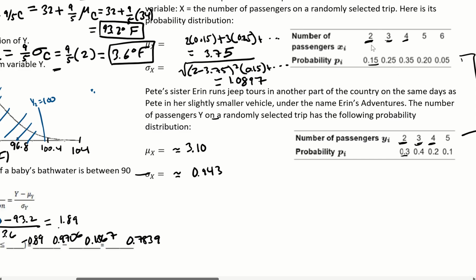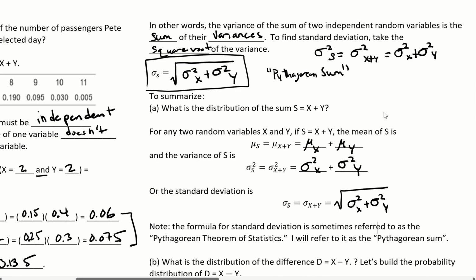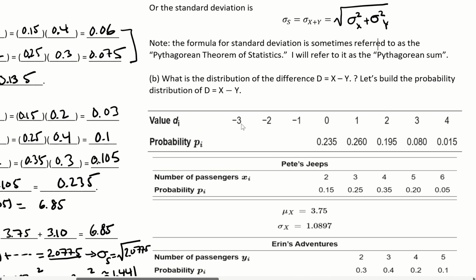Now, how do I get a difference of -3? I'd have to do 2 minus 5, right? 2 take away 5. That's how I get -3. So I have to do 2 minus 5.